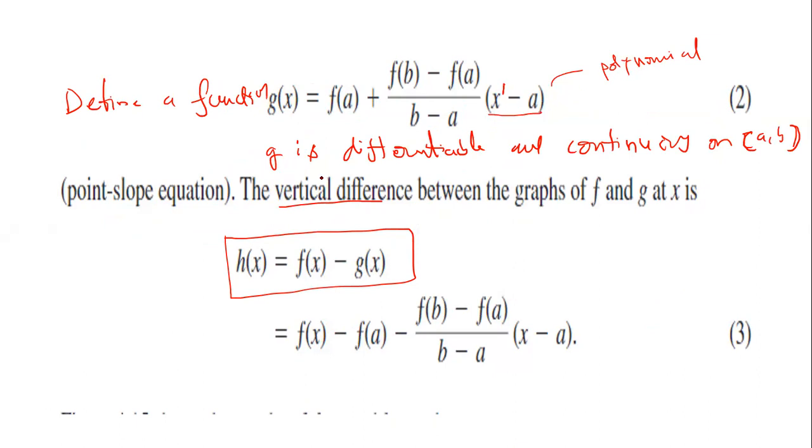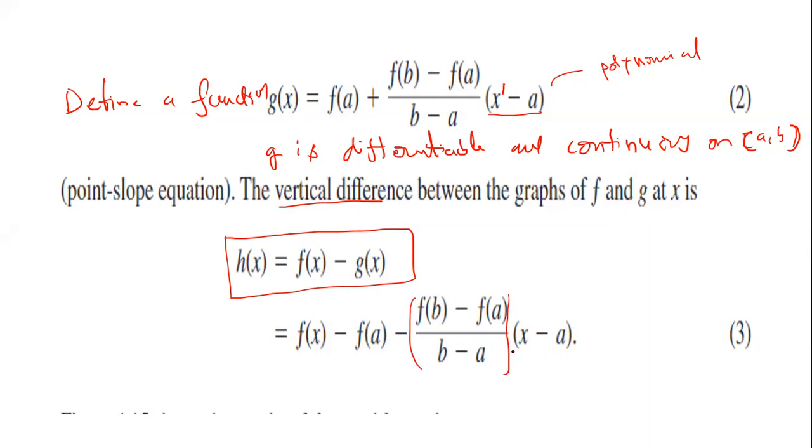This is a polynomial function. This g is also differentiable and continuous on the open interval a comma b. Therefore, substitute this g value here. There is a minus in front of g, so minus f of a minus f of b minus f of a by b minus a into x minus a. Here this minus belongs to this entire term.